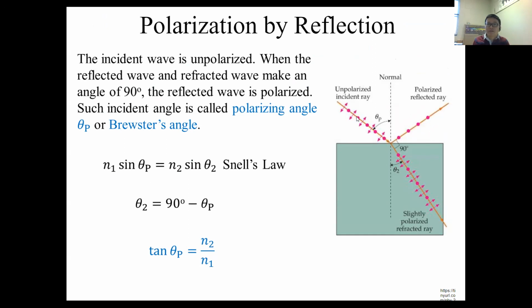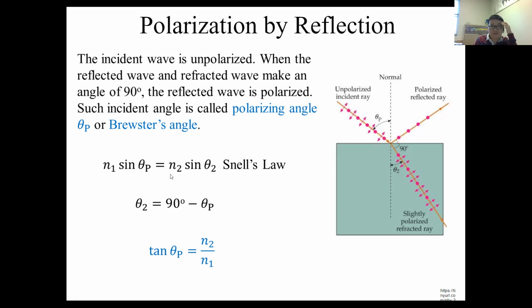When an unpolarized incident ray hits a surface, it gets partially refracted and reflected, so you have to tune the angle of incidence so that the reflected and refracted rays make an angle of 90 degrees. Then the reflected ray will be polarized. According to the law of reflection, this angle should be equal to this one, and if this angle is 90 degrees, then the refracted angle is 90 minus the incident angle.